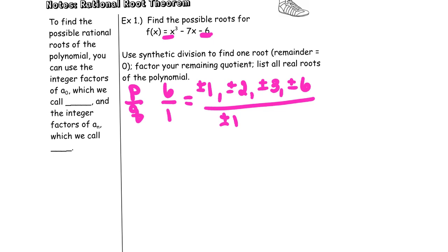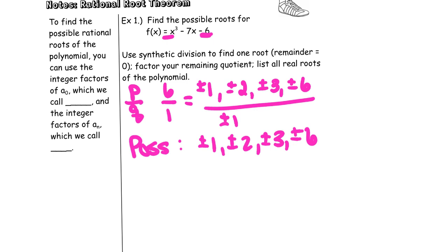Since our only denominator is 1, that means our possible rational roots are plus or minus 1, plus or minus 2, plus or minus 3, and plus or minus 6. If there had been a 2 down there as well, then we would have had plus or minus 1/2, plus or minus 3/2, etc. So these are our possible chances that we have of finding a root.